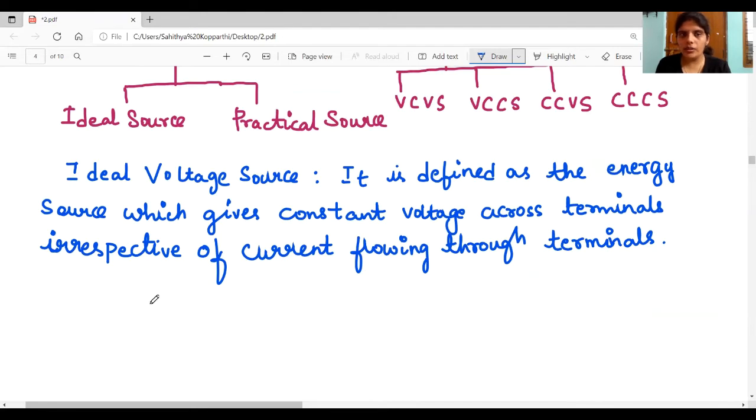The symbolic representation of an ideal voltage source is the DC voltage source, but this is also a two terminal element.